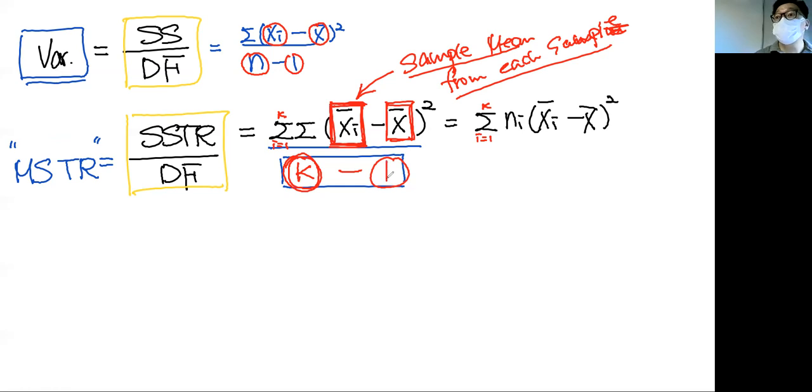We took a single value, X bar, because that is the overall mean. So the degree of freedom will be K minus 1. Simply, we take the sum of square, SSTR, from the data set for ANOVA, and we define the degree of freedom.